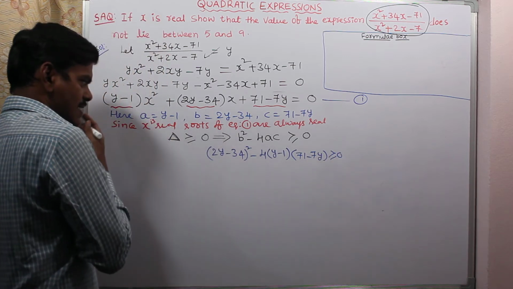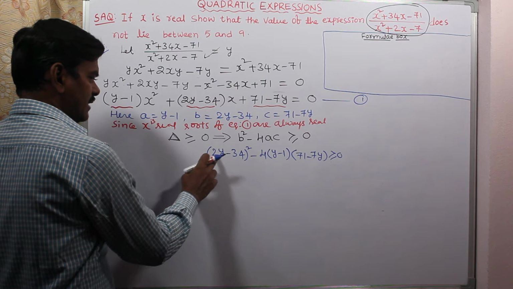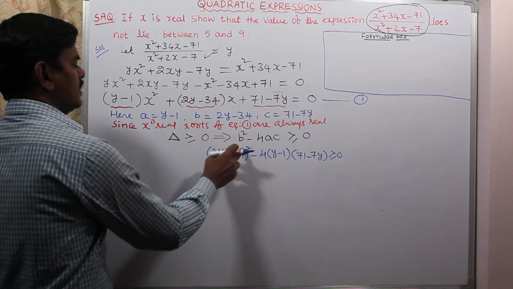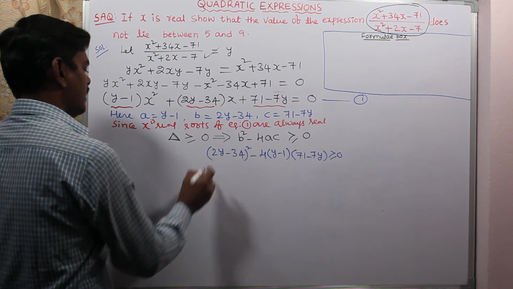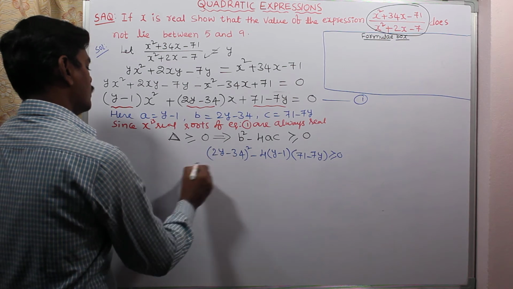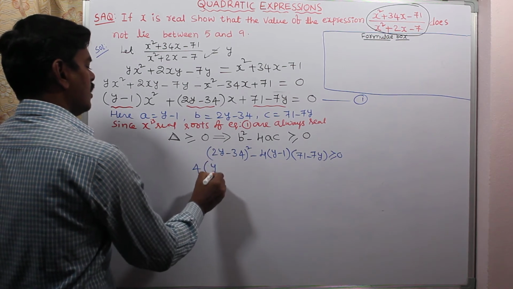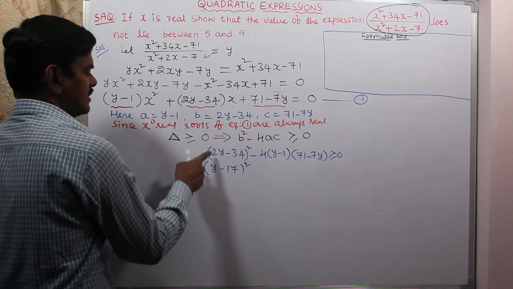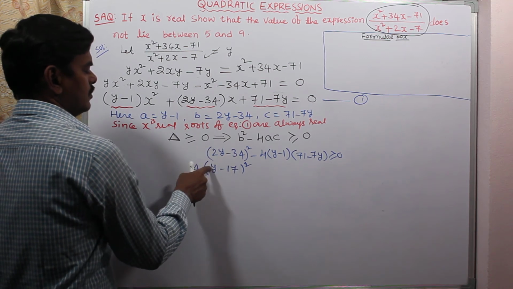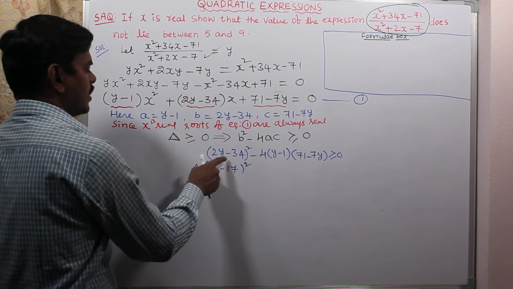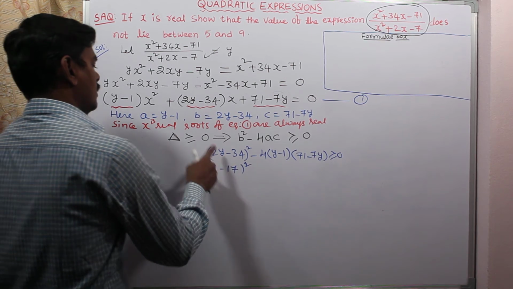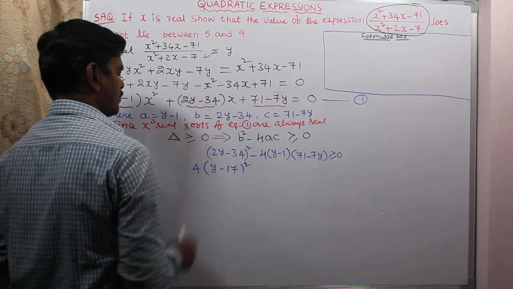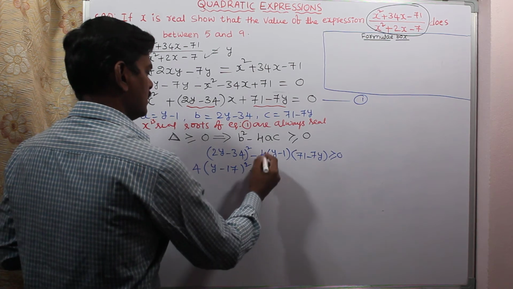Now simplification. We can take 2 common from both terms in b, but the whole square is there. When 2 comes outside of the square, it becomes 2 square, which is 4. After taking 2 common, we are left with (y minus 17) whole square inside the bracket. Once again, I took 2 common, and we are left with (y minus 17) whole square. So 2 comes outside along with the square, and 2 square is 4.